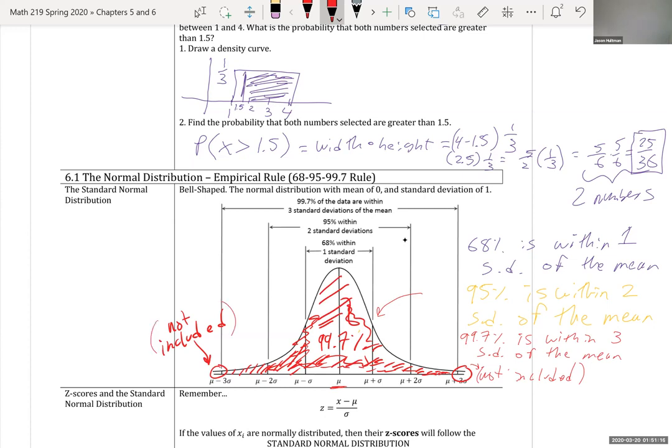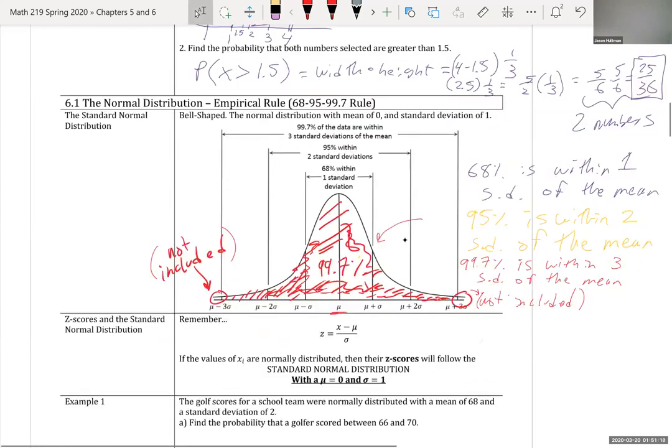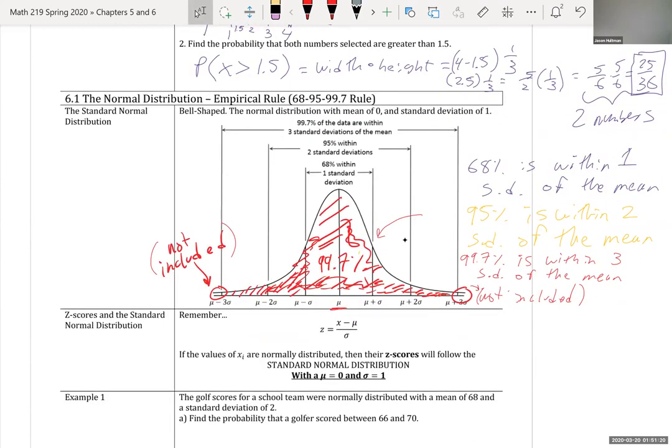Okay, does that make sense with the area? The areas, yes. So the bell curve, areas under the curve.